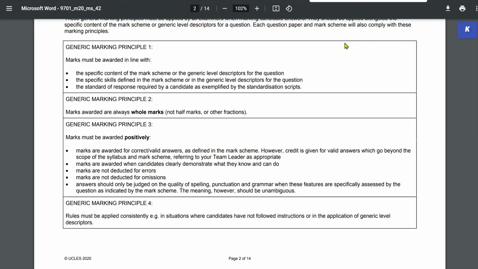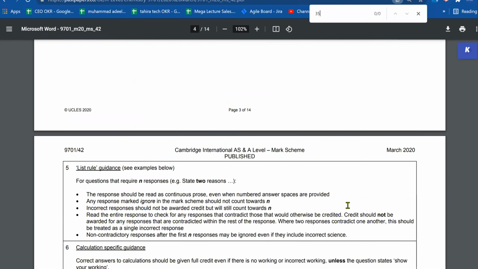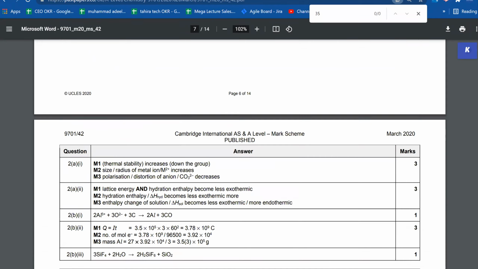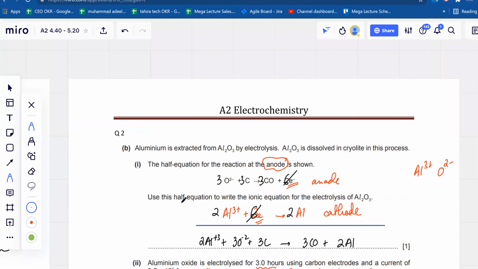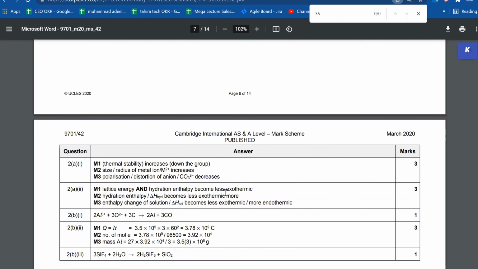Just a second. It's a big paper. Just one second. What's the question number? Question number 2.